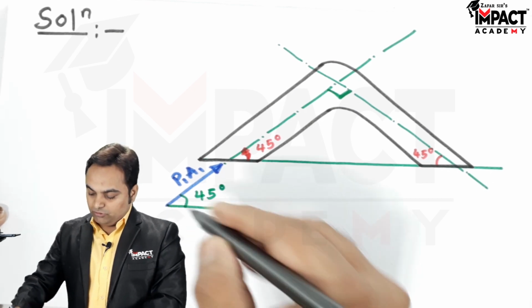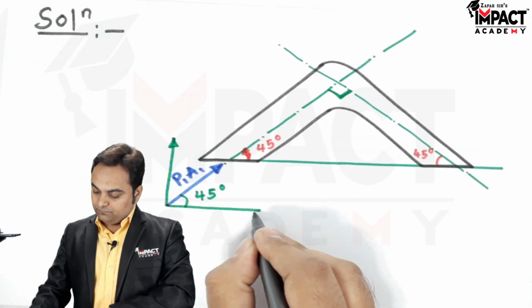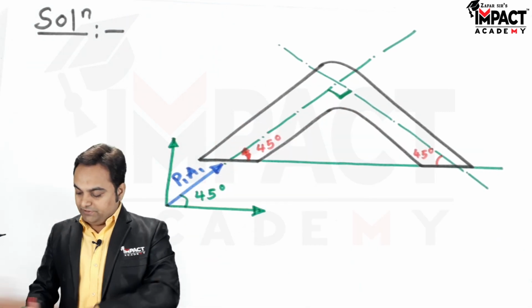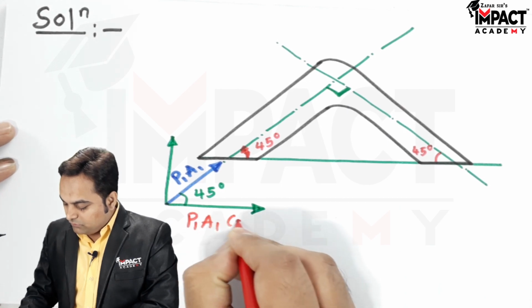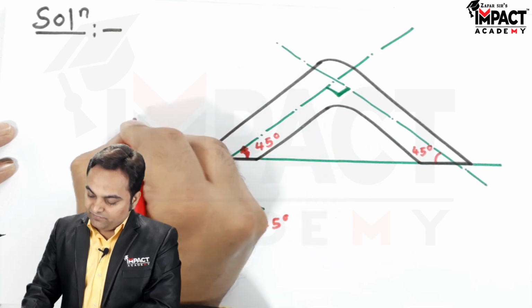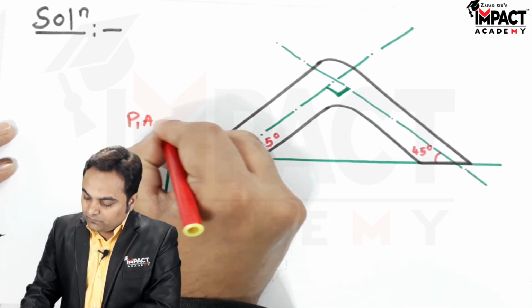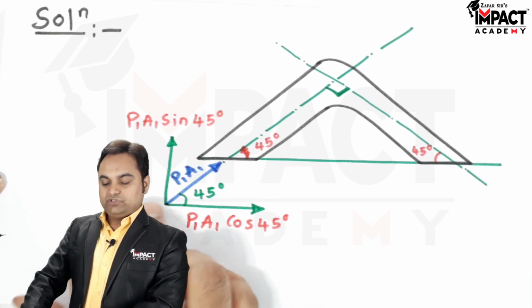One is the horizontal component, another is the vertical component. The horizontal component is P1 A1 cos 45, and the vertical component is P1 A1 sin 45. So that is the pressure force at inlet.